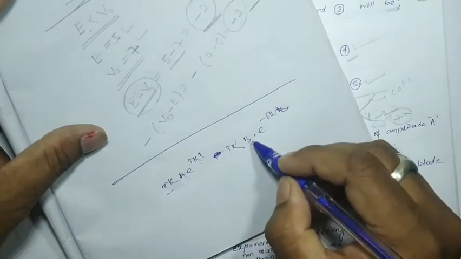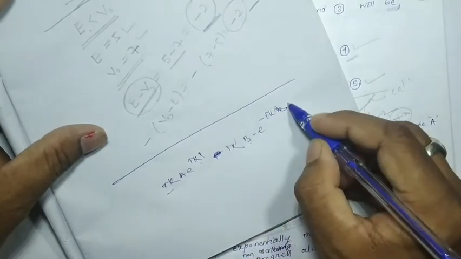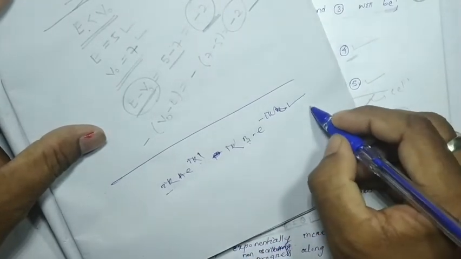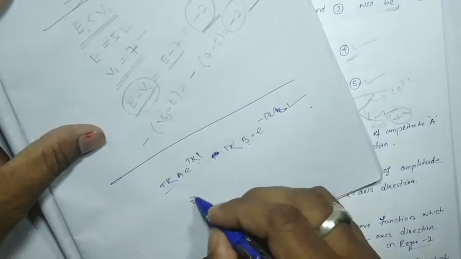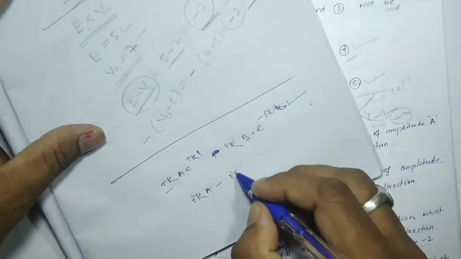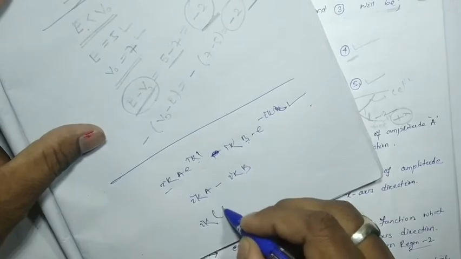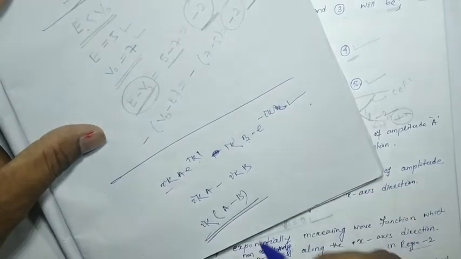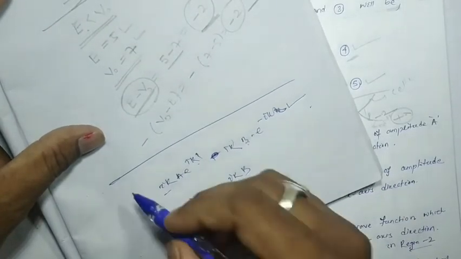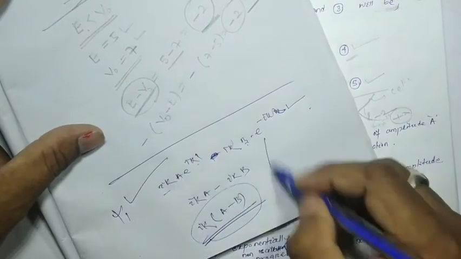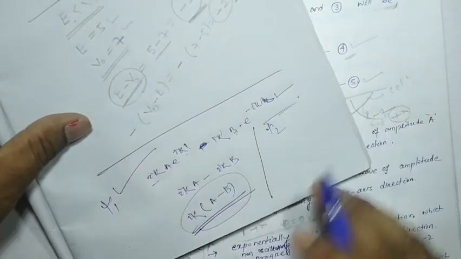So at x equal to 0 it will be ik a minus ik b. Taking ik common, it is ik into (a minus b) for psi 1.